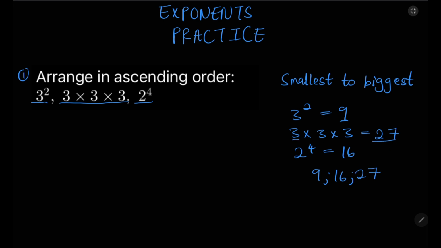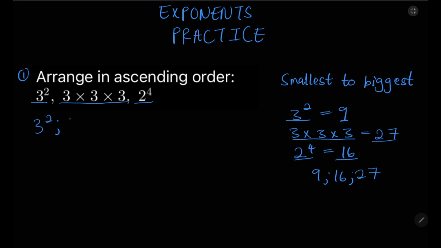But we should write them in this manner. So which one is smaller here? We have 9. 9 is 3 to the power 2. So this should be 3 to the power 2 followed by, what's the second? We have 16. Okay, 16 is 2 to the power 4.